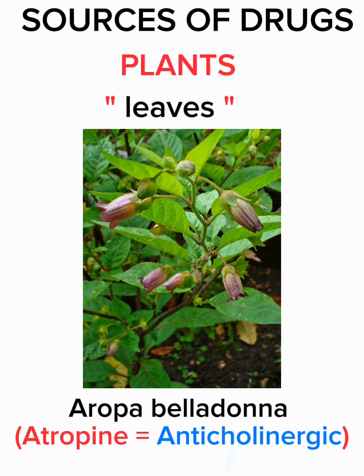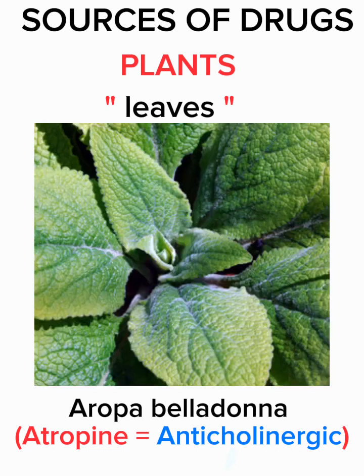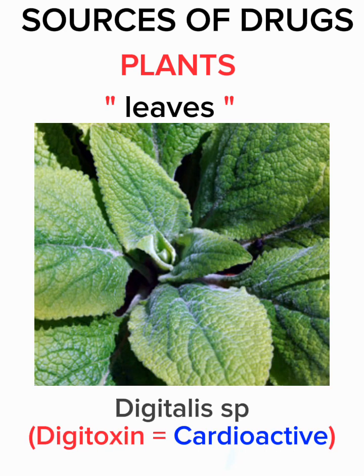It's used to extract atropine, and atropine is an anticholinergic agent. We'll discuss that in pharmacology. Another plant where we care about the leaves is Digitalis purpurea or Digitalis lanata. From Digitalis purpurea or lanata, you can get digitoxin, which is cardioactive, and it's used in congestive heart failure.